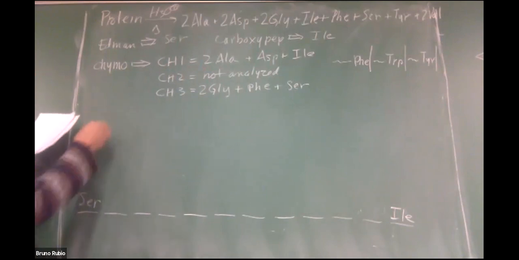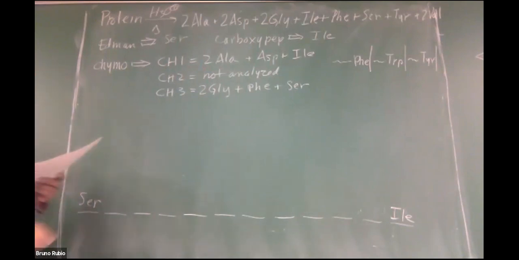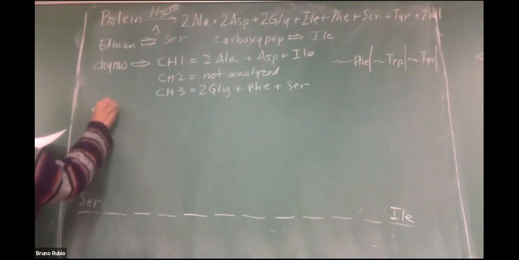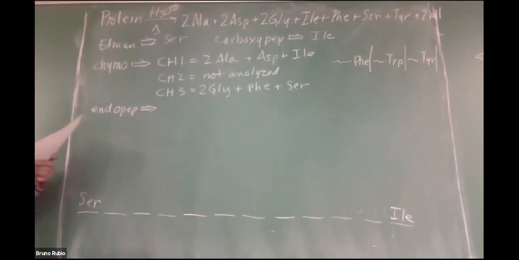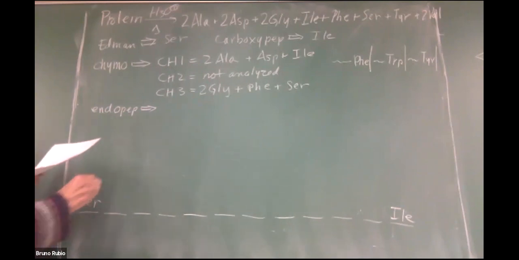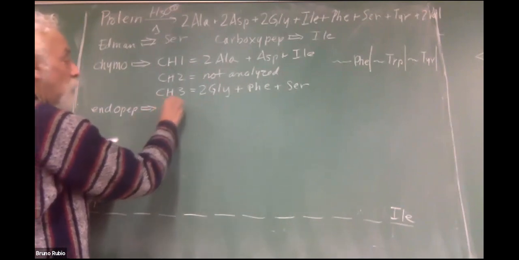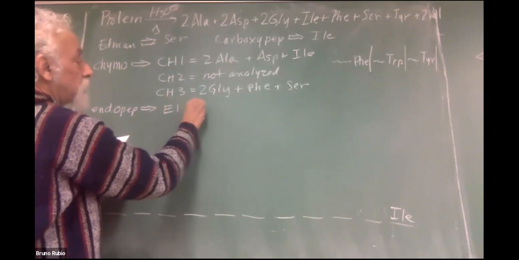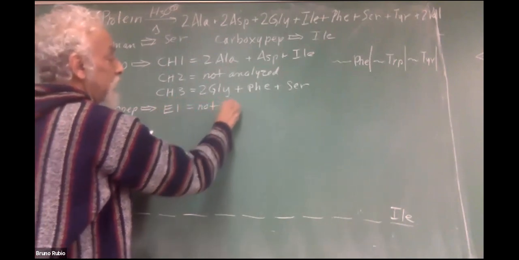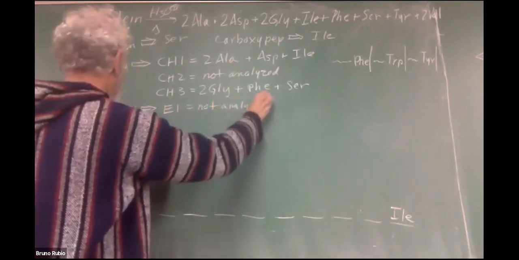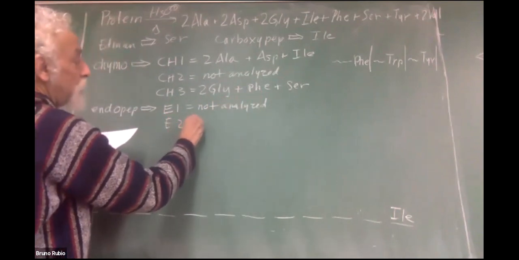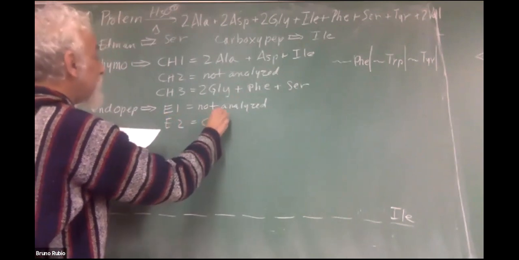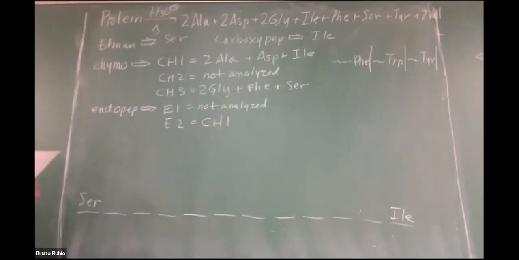Then they used endopeptidase. And once again, 3 fragments were isolated. I'm going to call them E1, E2, and E3. E1 was not analyzed. E2 turned out to be exactly the same thing as CH1.